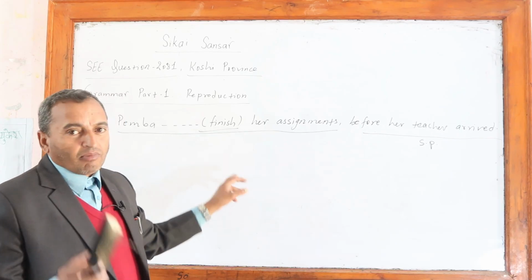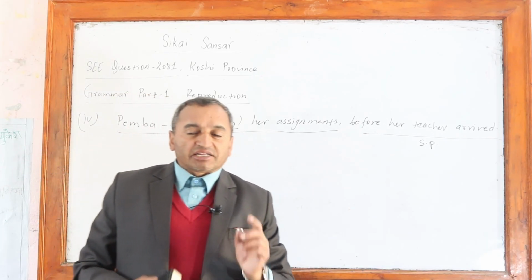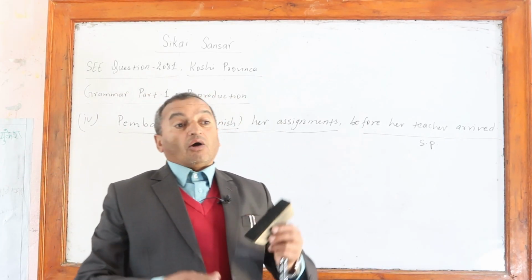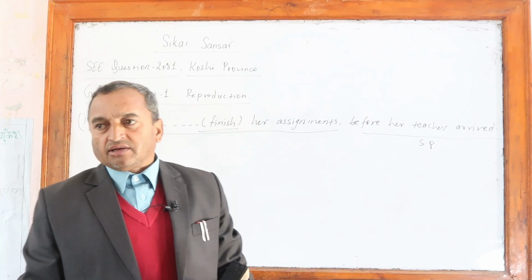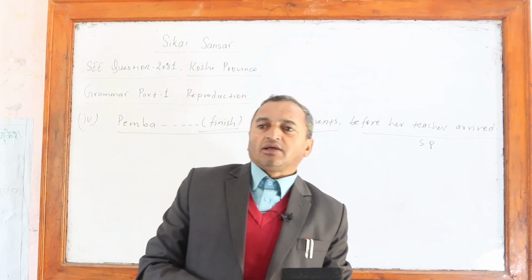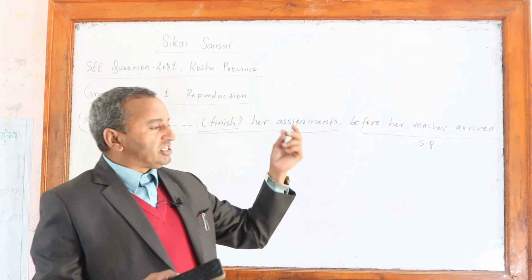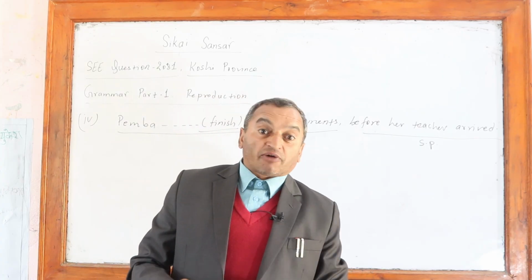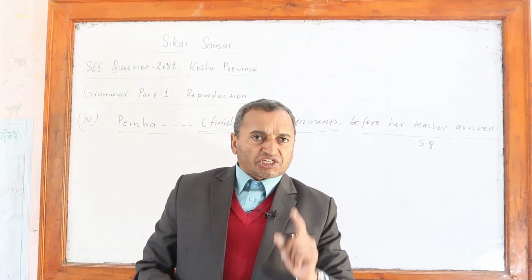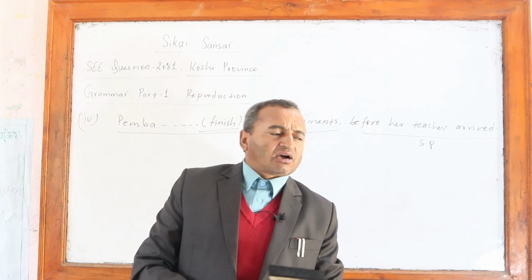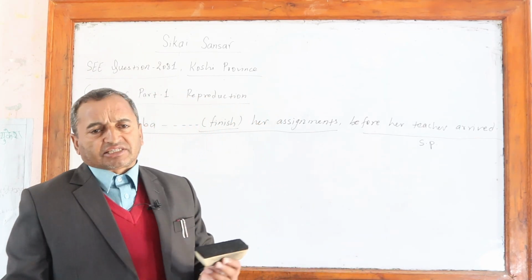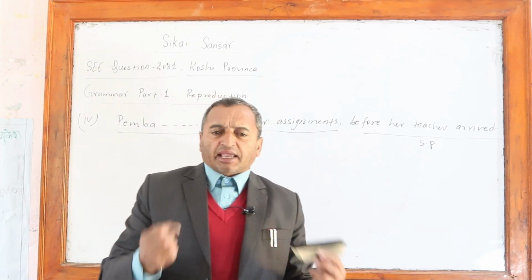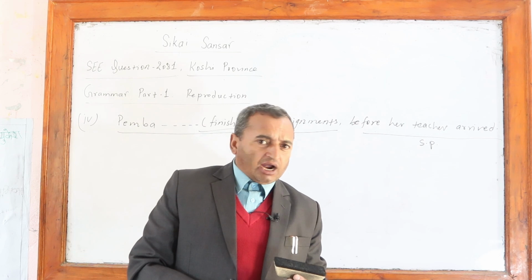My dear students, for this you have to know the structures of the past tenses, right? What is simple past, what is past continuous, what is past perfect? If you don't have experience with the tenses, if you don't have the knowledge about it, you can't supply it.